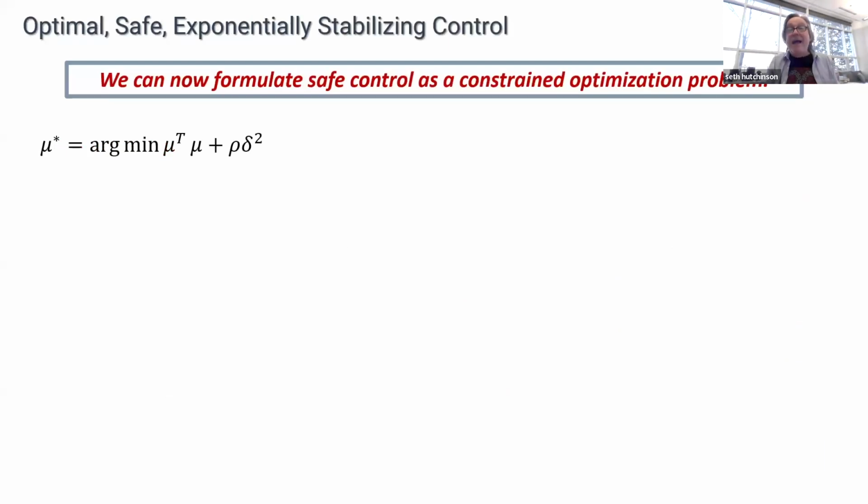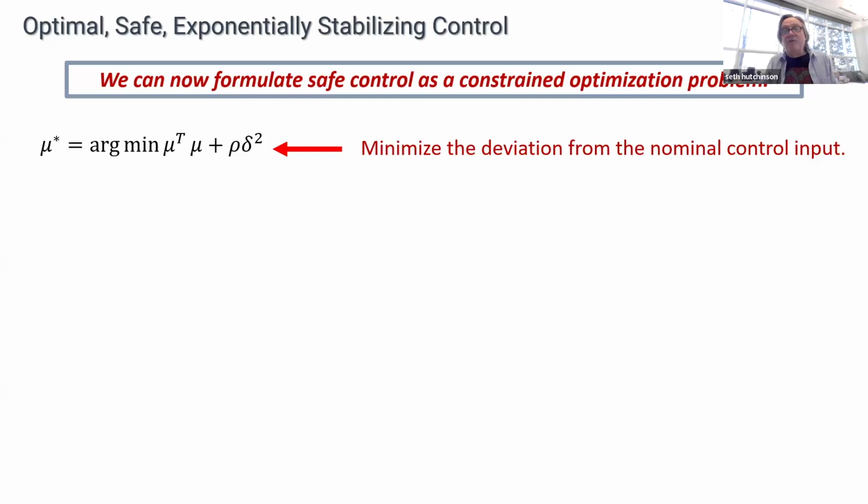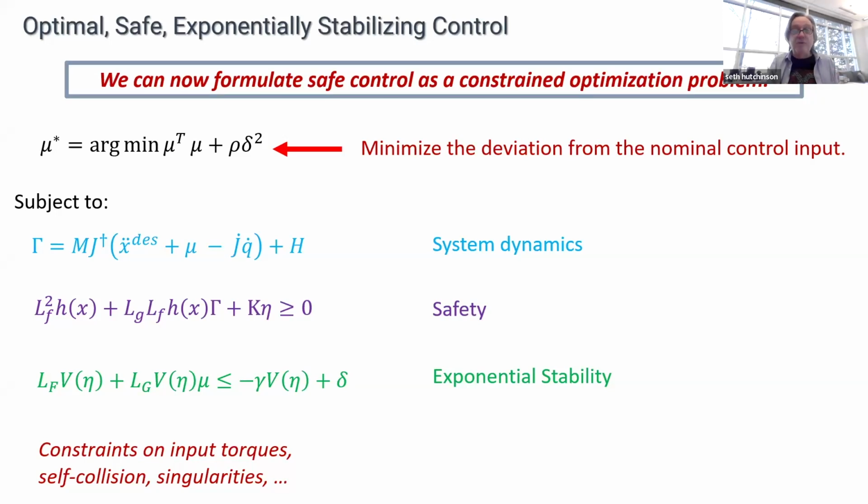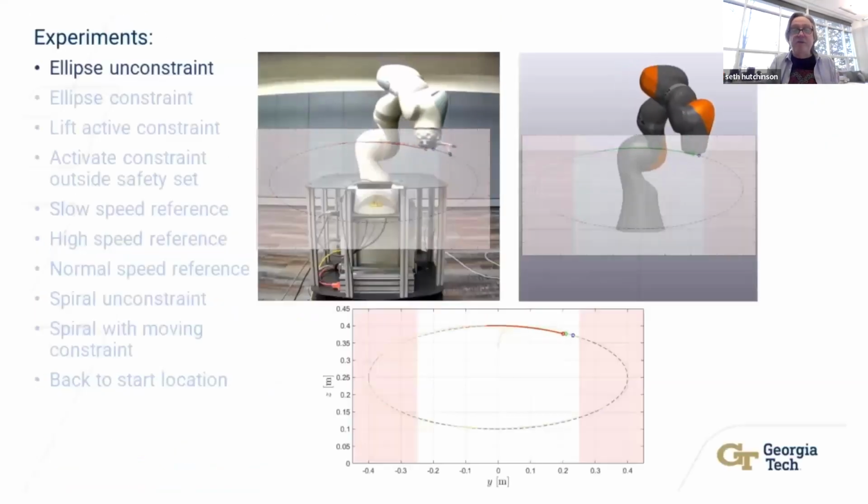And that means I can now do all kinds of stuff as a constrained optimization problem. So here, let me just minimize something. For example, deviation from a nominal control input, subject to system dynamics, safety, exponential stability, and whatever else you like. Right. So this is a purely model-based approach that admits a constrained optimization solution.